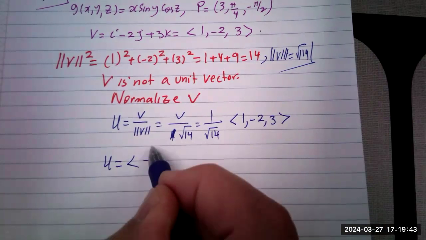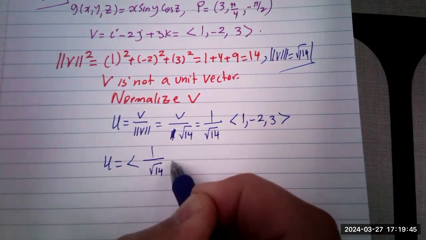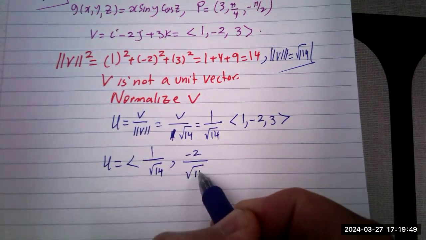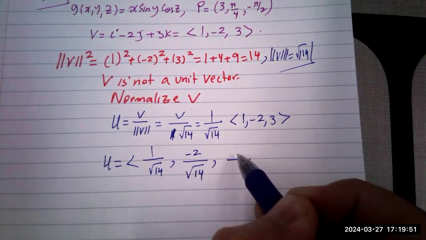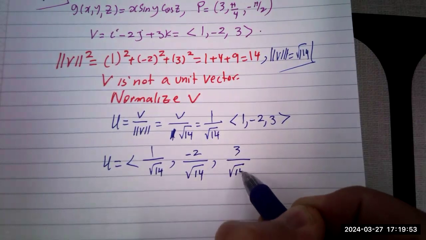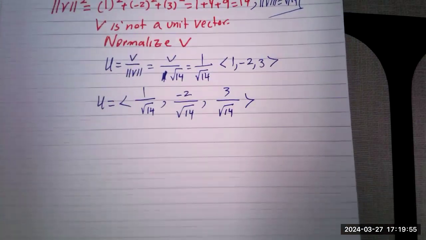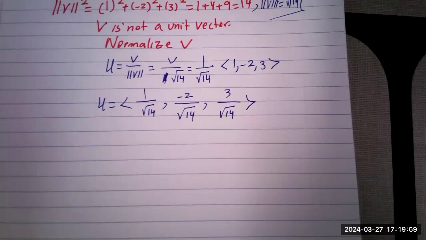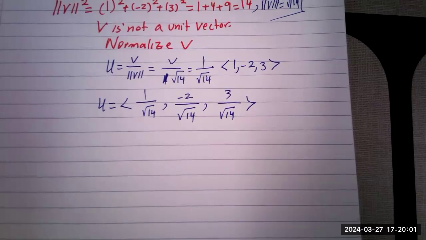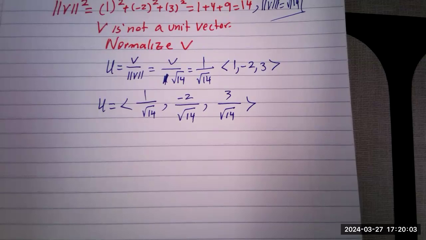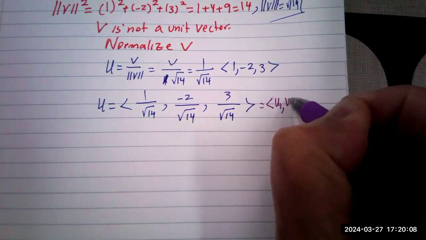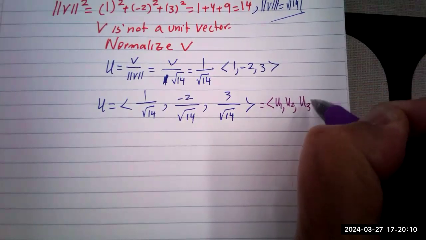So that gives you 1 over radical 14, -2 over radical 14, and 3 over radical 14. You don't have to rationalize it, keep it as is. So this is u1, u2, u3 this time.